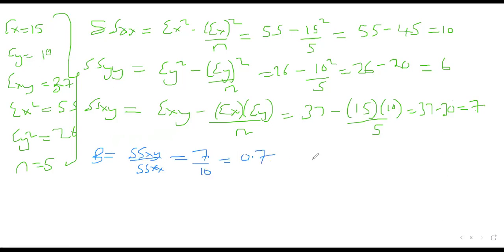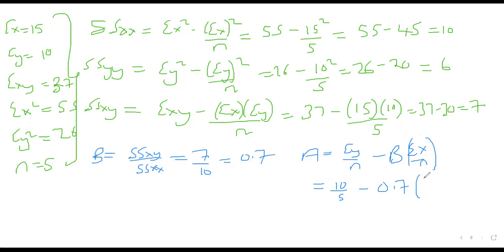And our A is summation of y over n minus B, which we just found, times summation of x over n. So summation of y is 10, our n is 5, that is already 2. And here I have 0.7, which we just calculated.